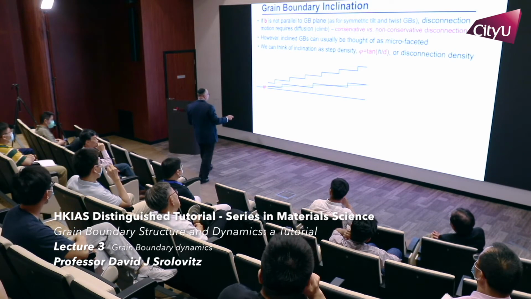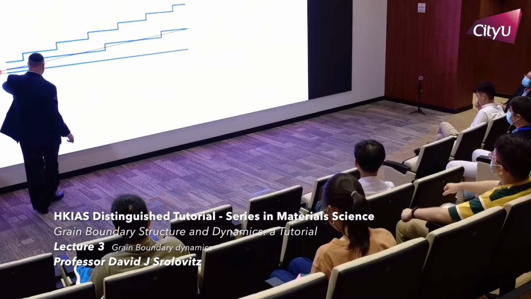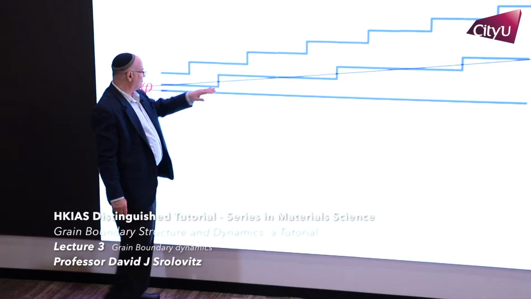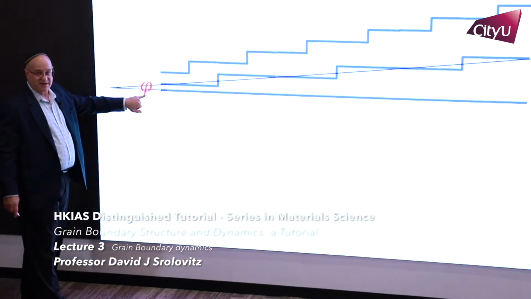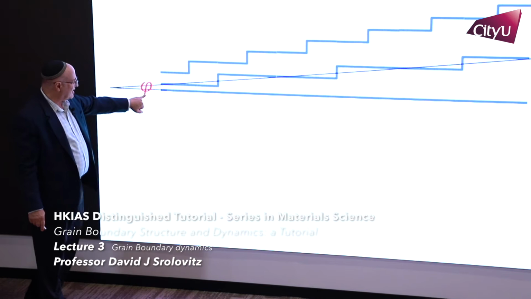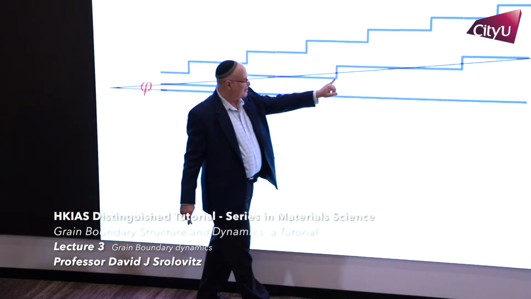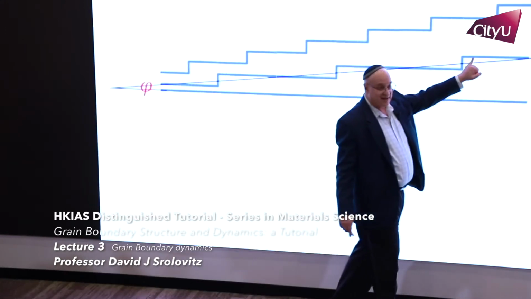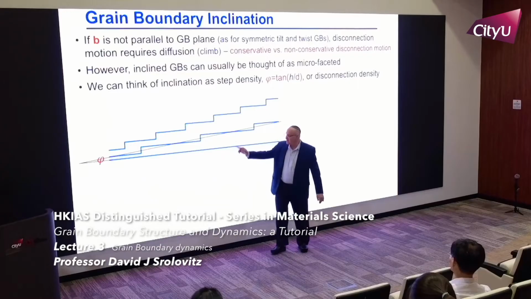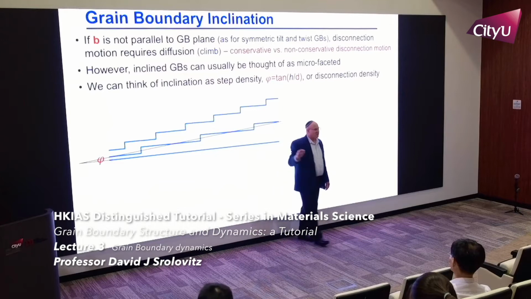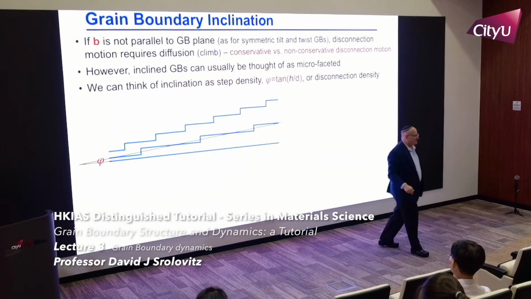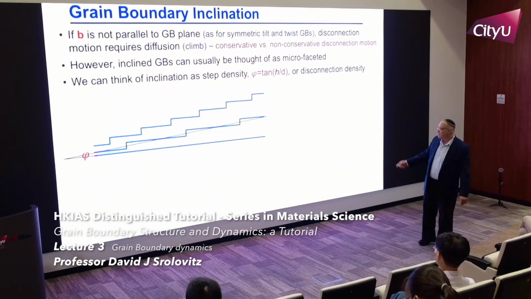Now let's go back here and imagine I have a grain boundary that's inclined by an angle phi. If it's inclined by an angle phi, that means the shape I can represent like this, and that's my approximation to the straight line. Well, in atomic systems, there are no continuous curves anyway.